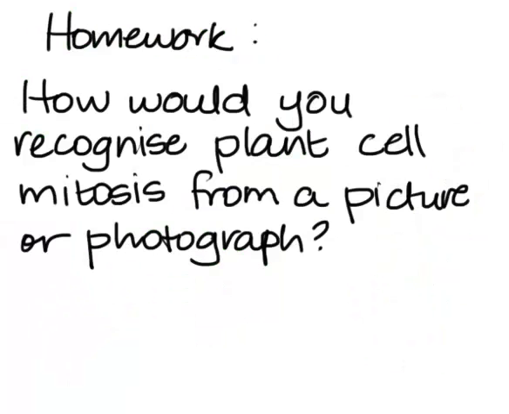Here is your homework question. How would you recognize plant cell mitosis from a picture or a photograph? Remember that the first thing that you would notice if you had a really high-powered electron micrograph is that in a plant cell there are no centrioles.